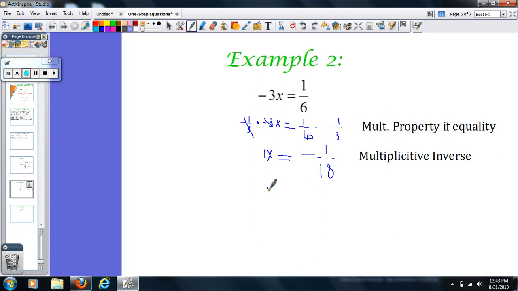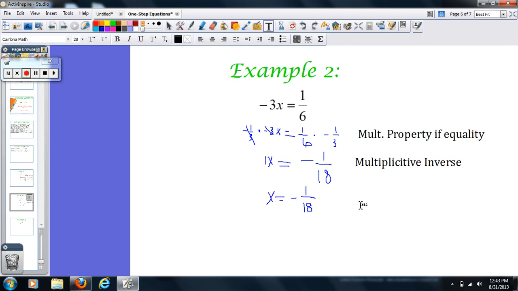And then the x, 1 times x is x equals negative 1/18. And that one there, again, will be the multiplicative identity.